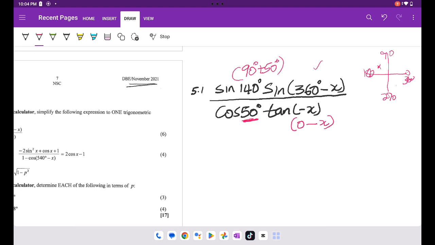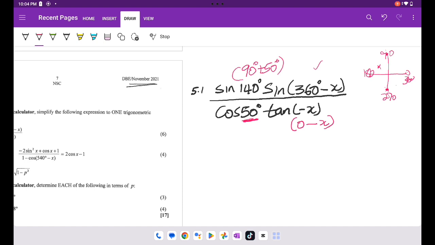We change it if it's a 90 or a 270, we need to change to its cofunction, so sine must change to cos. At all costs, we need to avoid tangent being a 90 or 270, otherwise we will have to change it to sine over cos.